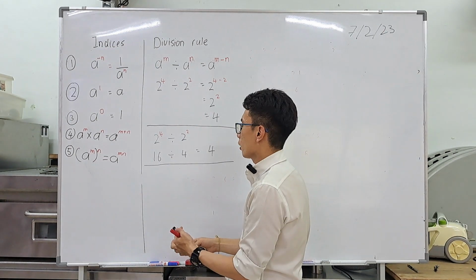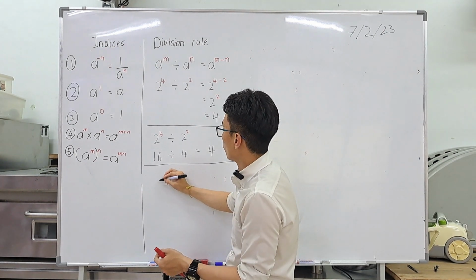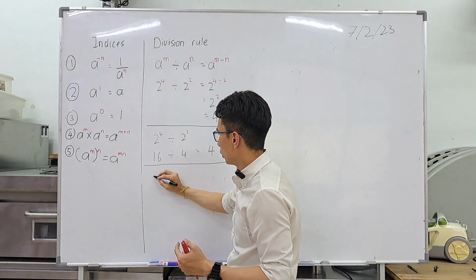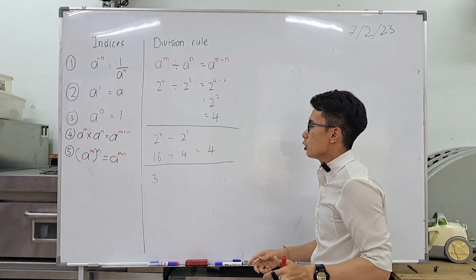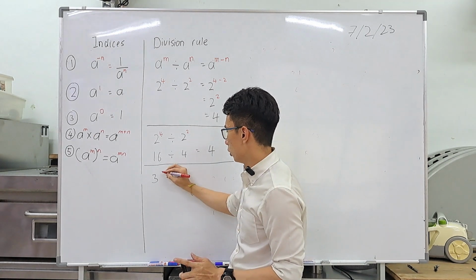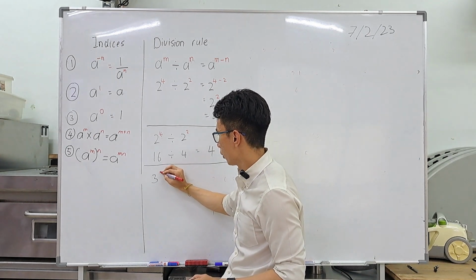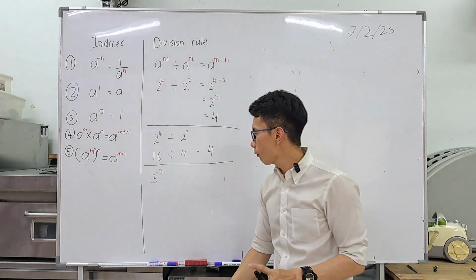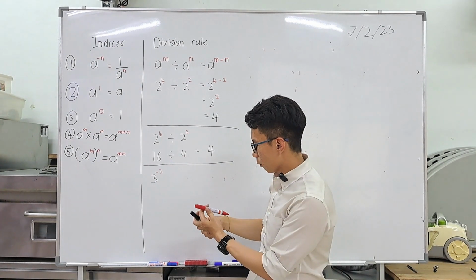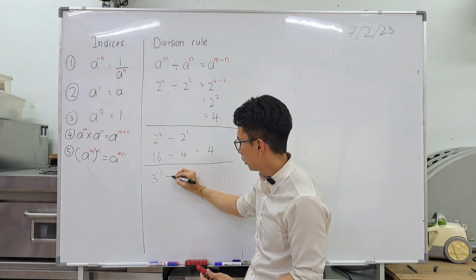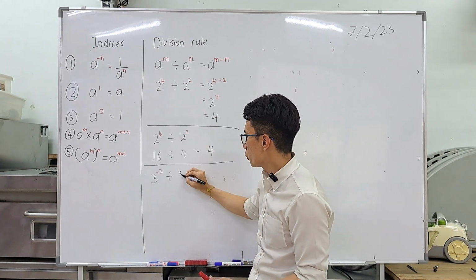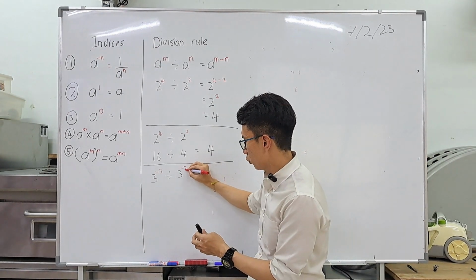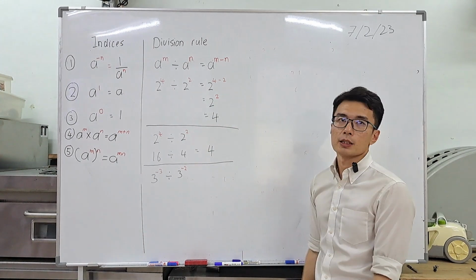Let's just say I have a simple question, and I will use the base of 3 this time. 3 to the power of -3, and then I am going to divide it by 3 to the power of -2.